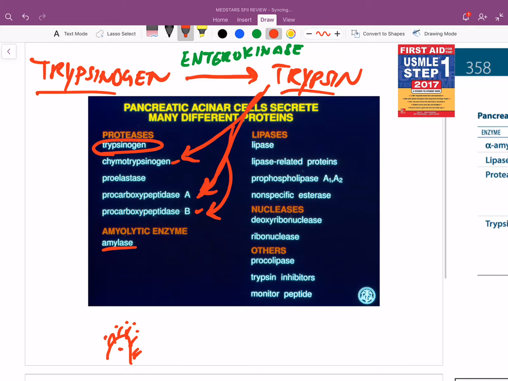Trypsin cleaves procarboxypeptidase A and turns it into carboxypeptidase A, and the same thing for procarboxypeptidase B. Furthermore, trypsin itself also cleaves other trypsinogens into trypsin. So you can see how trypsin is very important, because these other enzymes cannot be activated without trypsin activating them.